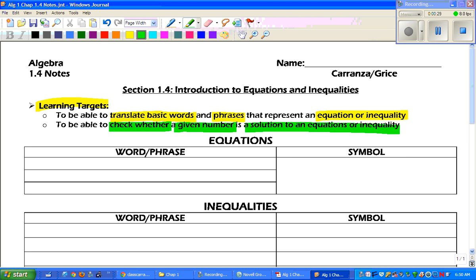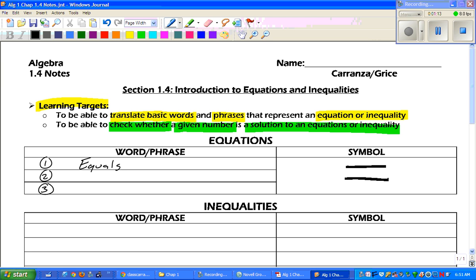Okay, so the first thing we are going to talk about today is a symbol that you all know very well. What is that? Good, that's an equal sign. Now, when you see that in a phrase, when it is written out, there are three different ways that you can see it. The first one that you will see is just the word equals. 5 plus 3 equals 8.